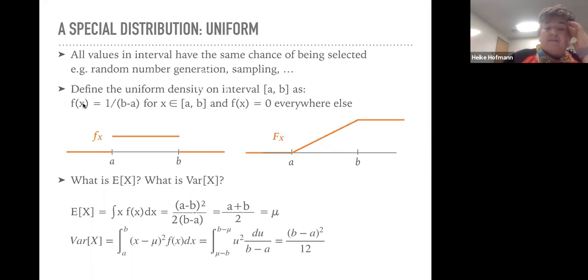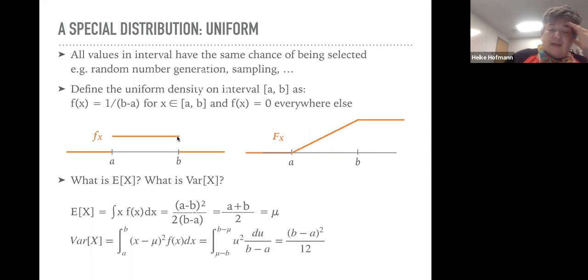The density is defined as 1 over b minus a for any value of x that's in this interval, and it's going to be 0 outside. So we've got this non-continuous function, little f of x. It's 0 outside the interval, and constant, equal to 1 over b minus a, for this interval.